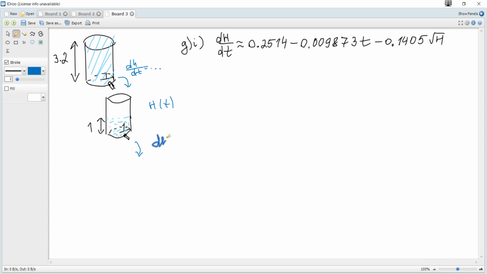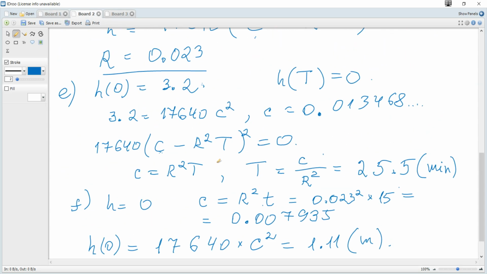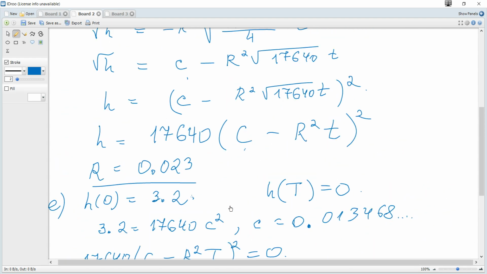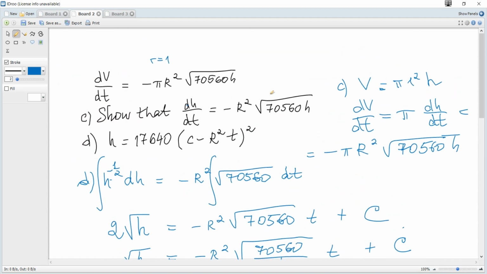cylinder, and using the previous result and height for the second, for this lowest, it's capital H, so dh over dt is equal to what? It's this general formula. This general formula dh over dt.